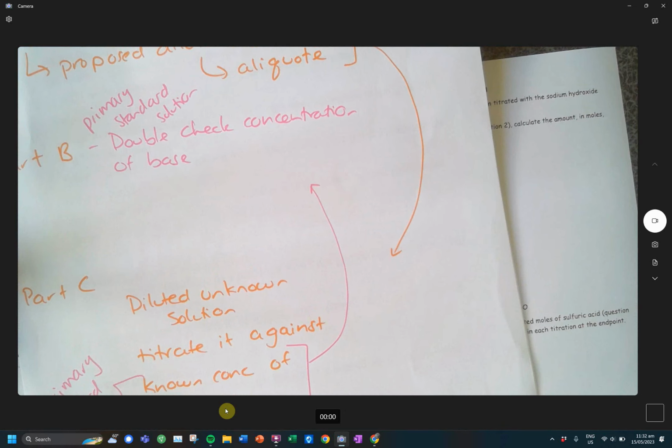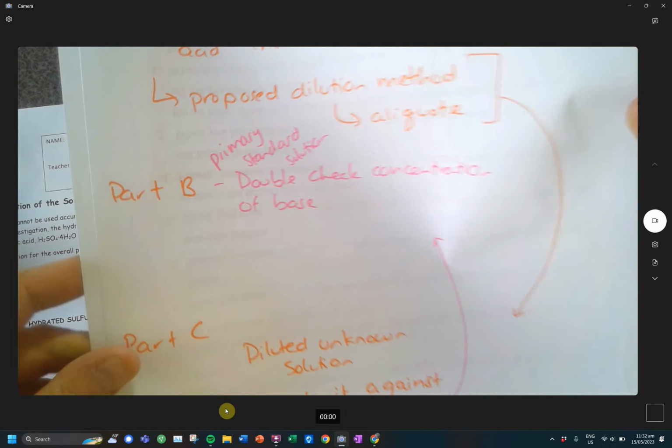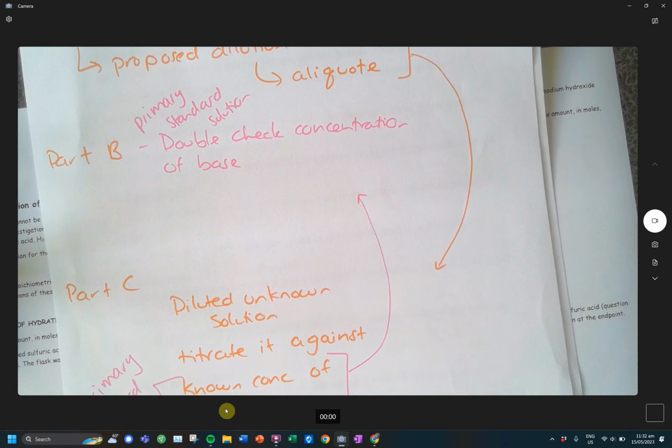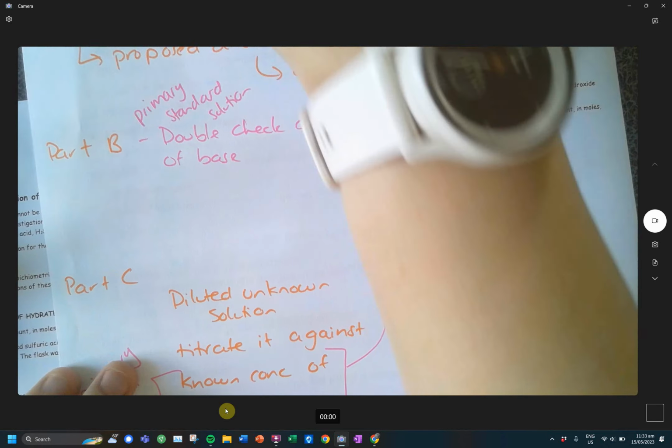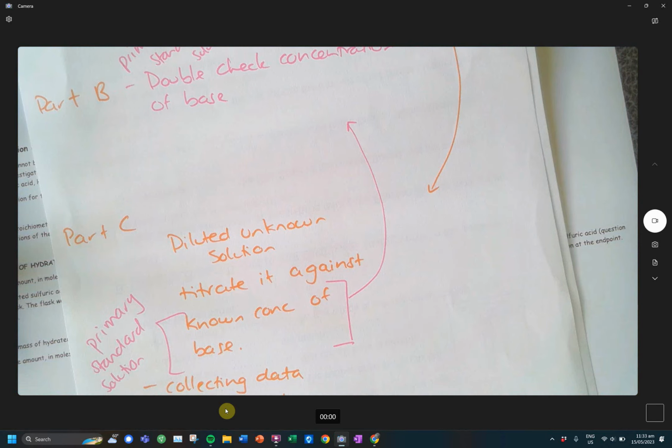What we're then going to do is we're again doing a titration. I'm just trying to find where my little to-do list went. There we go. That'll work. All right, so to double check my base concentration, I will titrate it against a different acid.